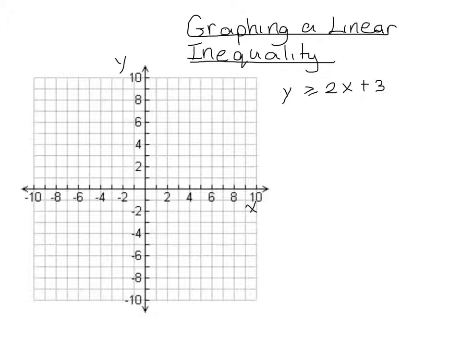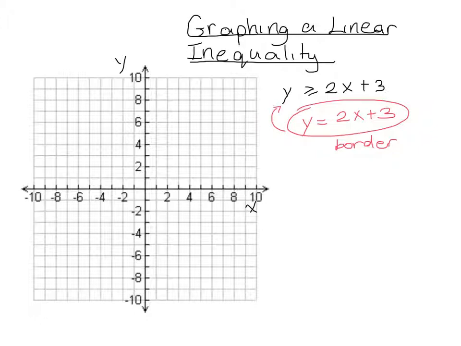So the graph that we're going to have to do initially is the equation y is equal to 2x plus 3. And that will represent the border for that inequality.